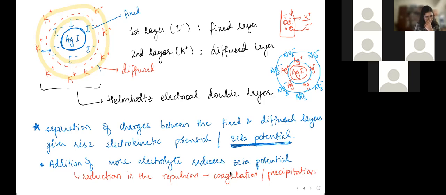Okay. So addition of electrolyte is one way you can separate the components out, because doing so reduces the repulsion between the individual colloidal particles, and that results in coagulation or precipitation of this inside precipitate.